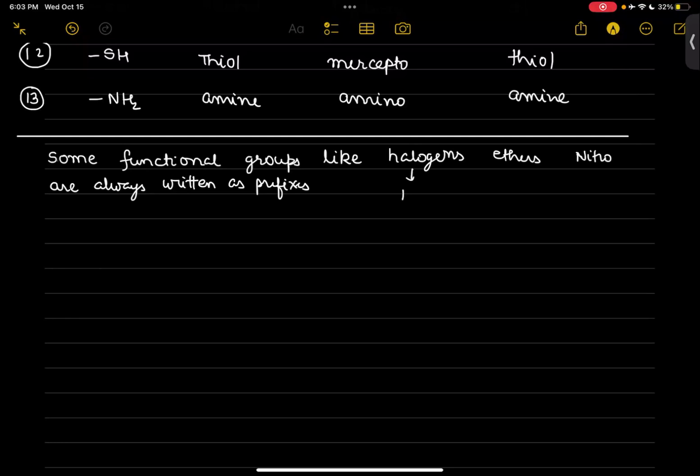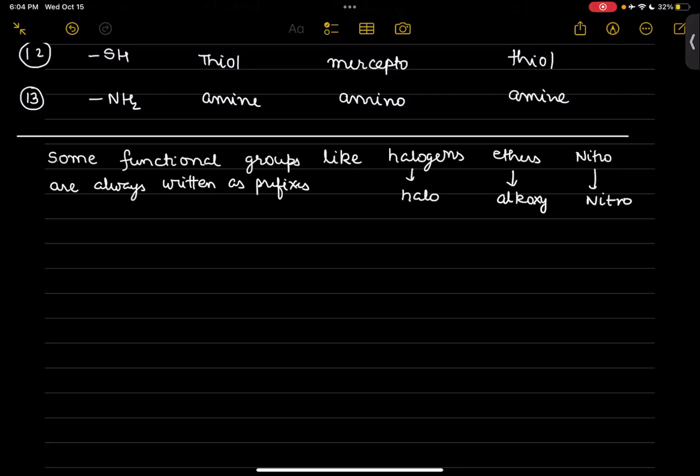Halogens are written as halo, ethers are written as alkoxy, and nitro compounds are written as nitro, as prefixes always.